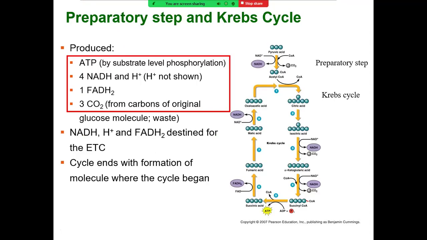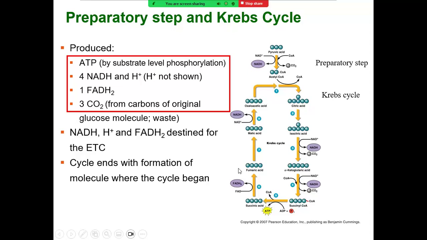In the preparatory step and the Krebs cycle, the preparatory step is shown here, converting pyruvic acid into acetyl coenzyme A. We do generate one ATP that happens here in the Krebs cycle. You do generate 4 NADH, one in the preparatory step here, one right here, one right here, and then the fourth one right there.